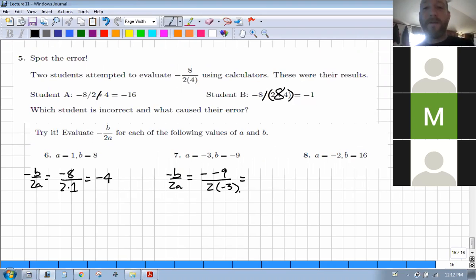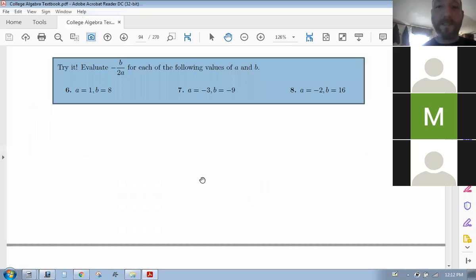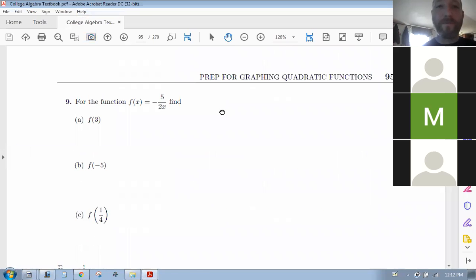So we got 9 over 6, which is 3/2. -b over 2a, replacing b, replacing a. There's a minus over a minus, so we got a plus. 16 over 4 is 4. All right, these should be easy. Just be careful.